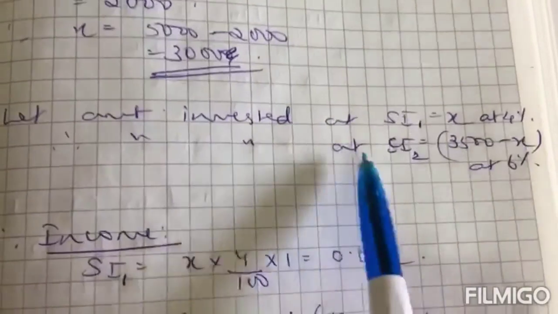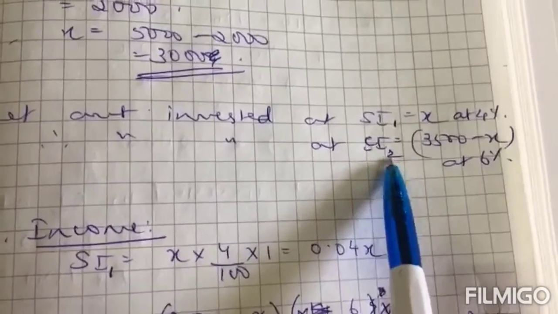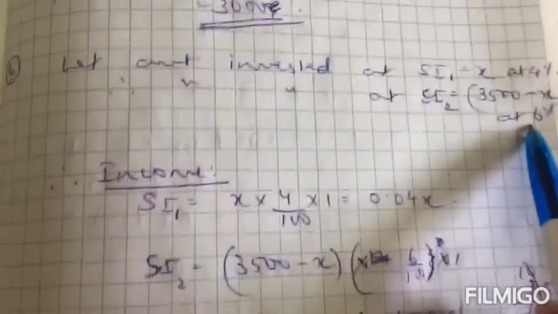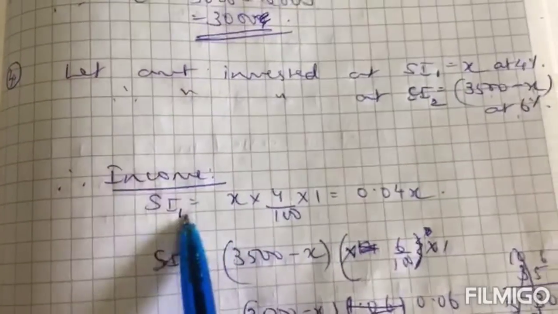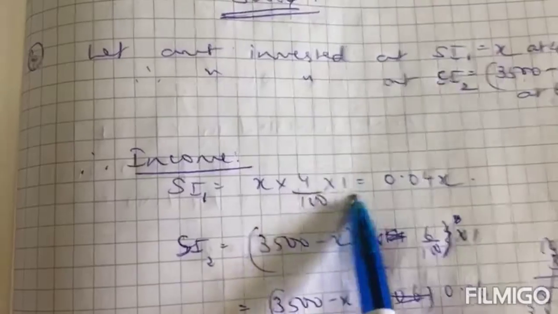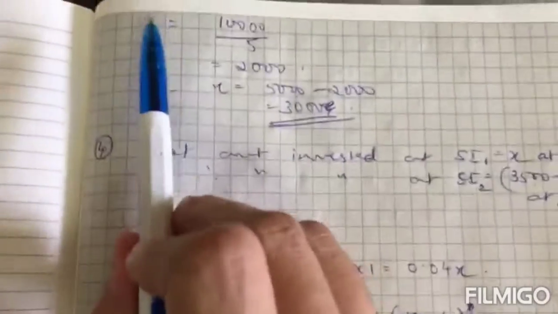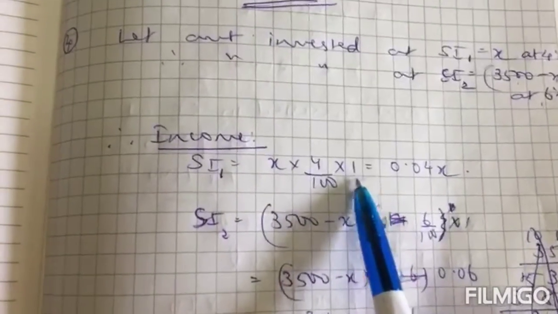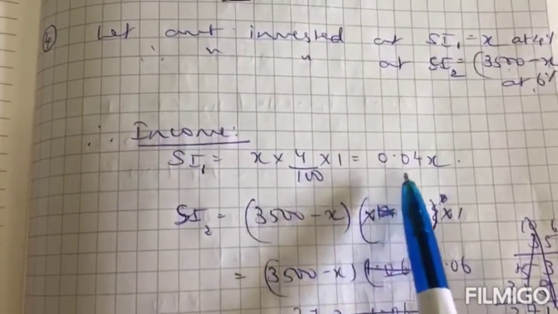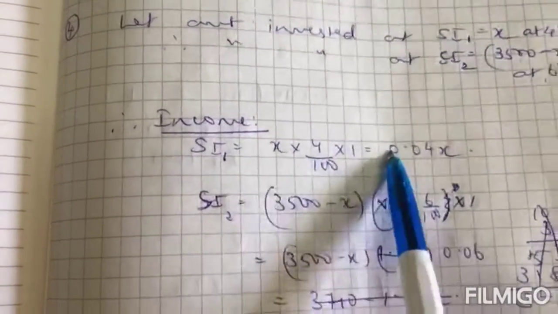Therefore, the amount invested in the second case will be 3,500 minus x, invested at 6%. Therefore, income from the first case would be x into 4 by 100 into 1. Why? It is 1 year. They said that yearly income is 170. So for 1 year, the income from the first investment is 0.04x using this formula.